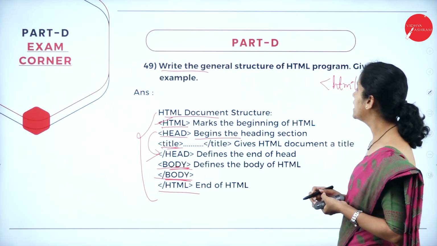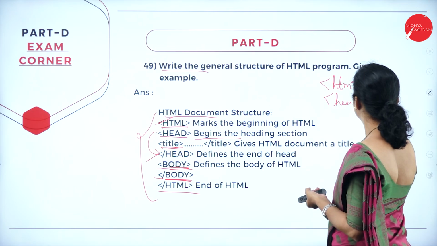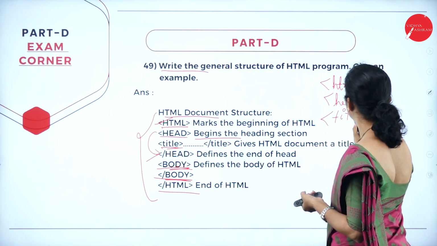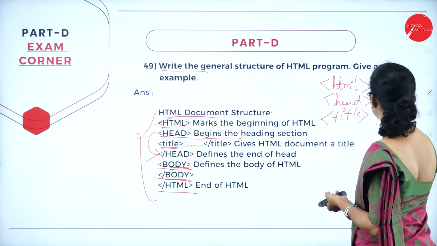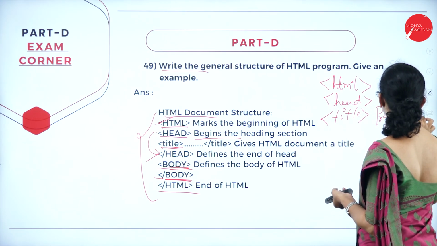Now I'll start with the HTML. Then I'm going to have head section. Under this, I'm going to have title. Here I'm going to specify the title name, that is program 1, and I'm going to close the title.